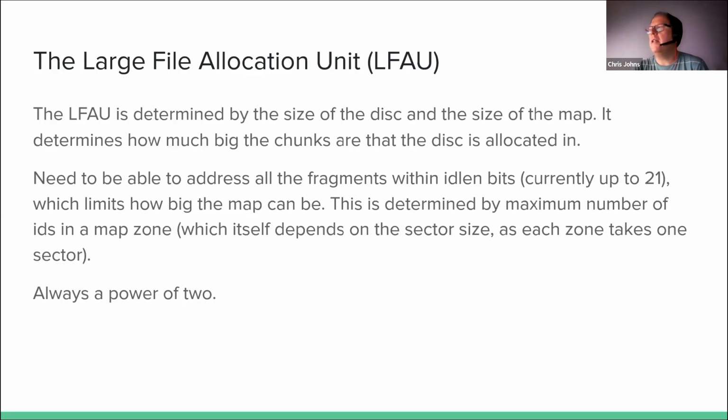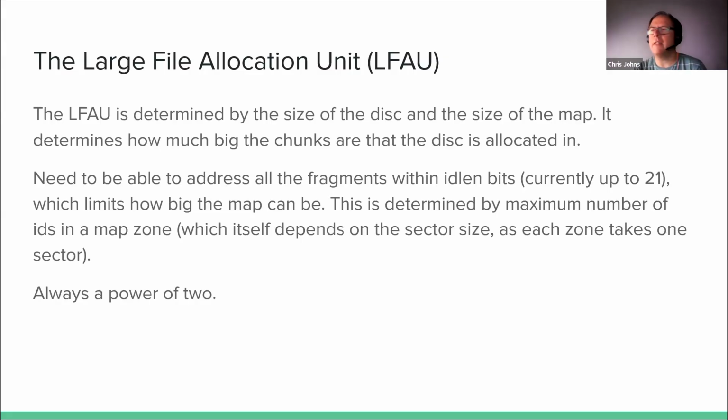But it's not quite a simple thing of, well, the disk's bigger, so we need a bigger map, because there are varying limits which come into play, which I spent a lot of time going over when I was trying to write a bit of Python code, which I did manage to get to work, to format and lay out a Filecore image effectively on a Linux system.